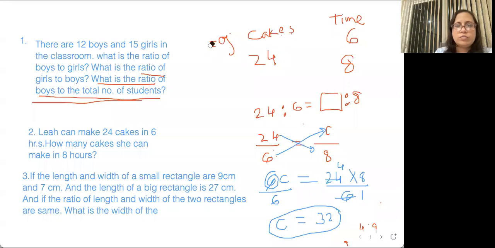All right, next, we will be doing the third question. This is another ratio and proportion, another relationship problem.